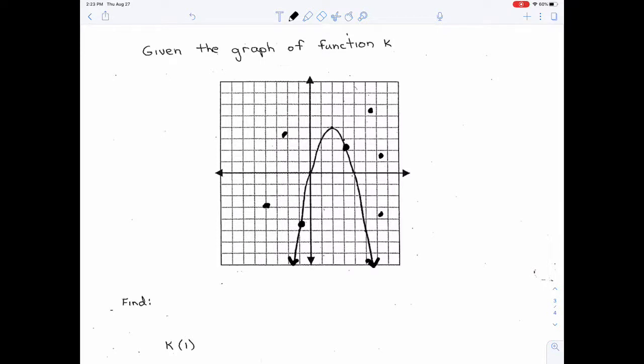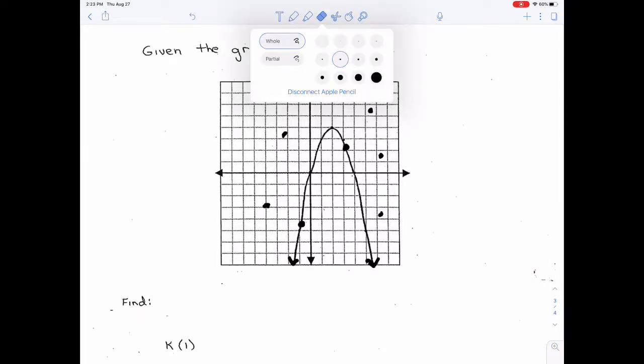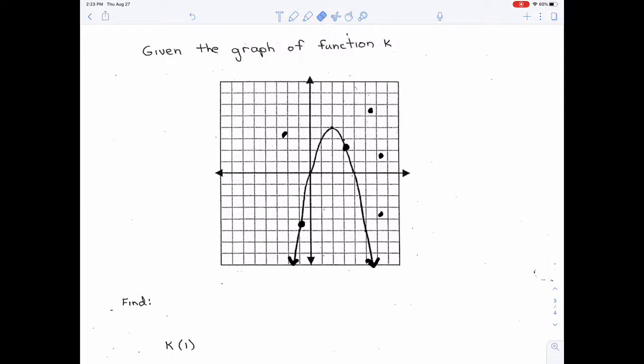So you have to understand, wherever you're going to get the answer from, it's got to come from the graph. It doesn't come from the Cartesian coordinate plane per se. It's got to come from the graph, which is on the Cartesian coordinate plane. Okay, so what does k of 1 mean?